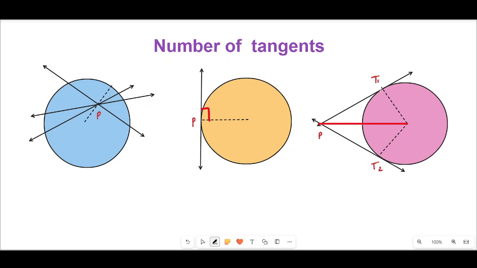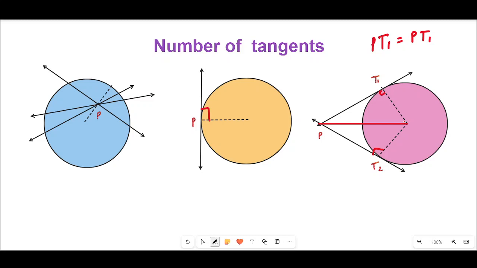Now this makes 90 degrees as well. This is a point of contact, and here PT1 and PT2 are equal. This is the length of the tangent. Clear? This is a common point, a common line. Clear? This is the center.